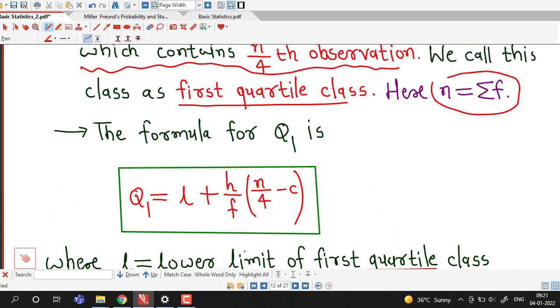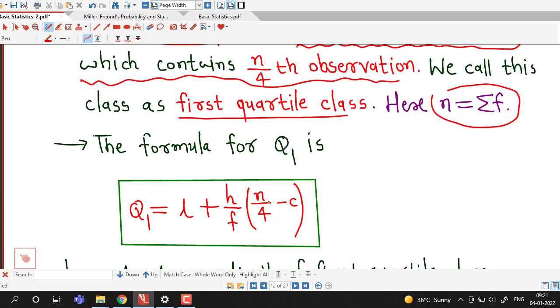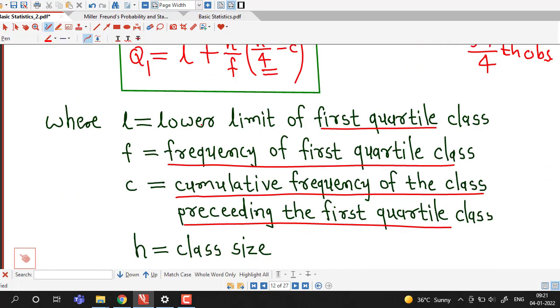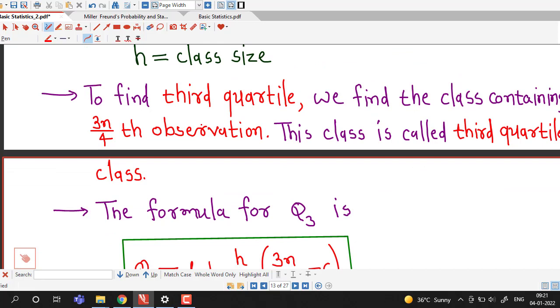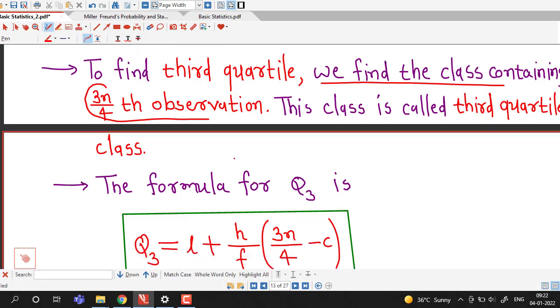Now the formula for third quartile will be similar to this. Instead of N by 4, we will write 3N by 4, and we will find the class which contains the 3N by 4th observation, and that class will be known as third quartile class.